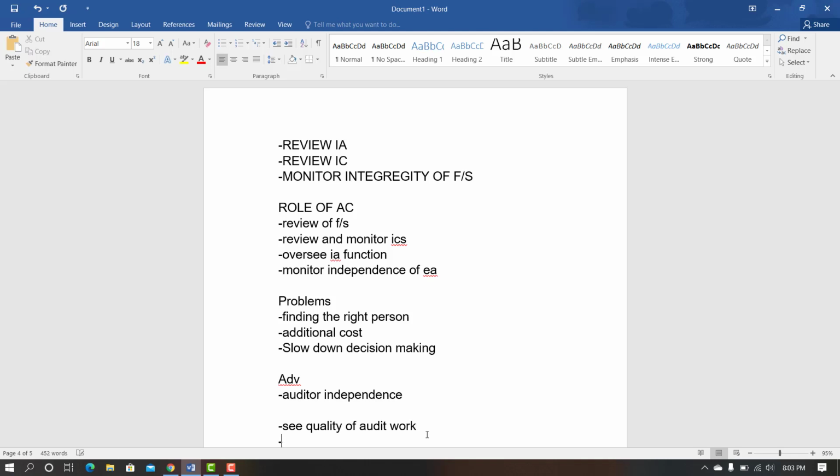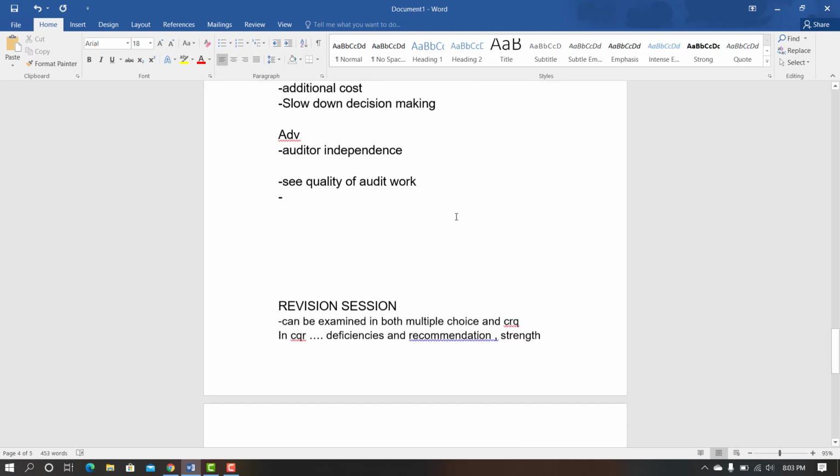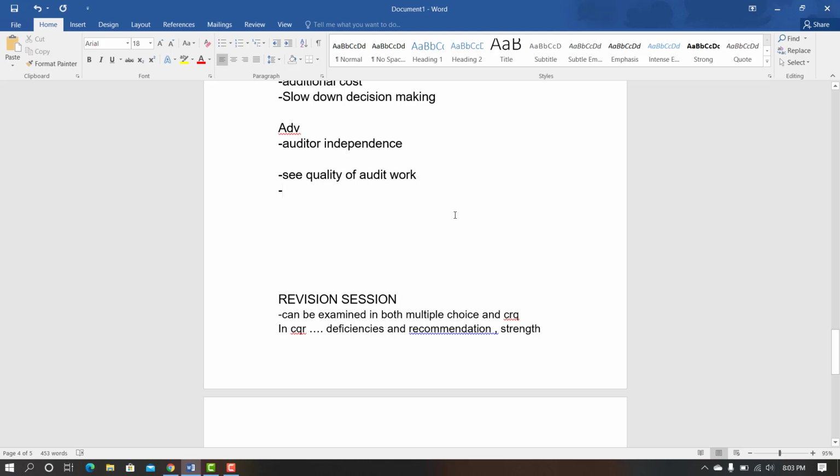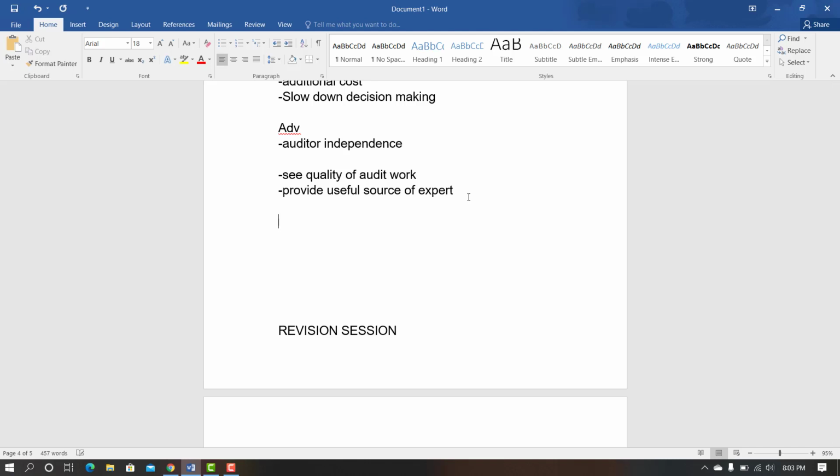Next is to provide a useful source of experts. So these are the advantages of the audit committee: auditor independence, watching the quality of audit work, and providing a useful source of experts.